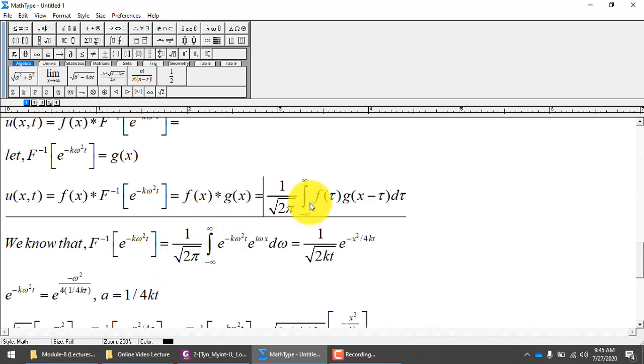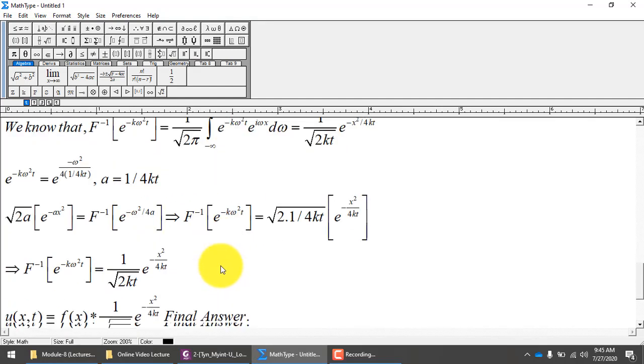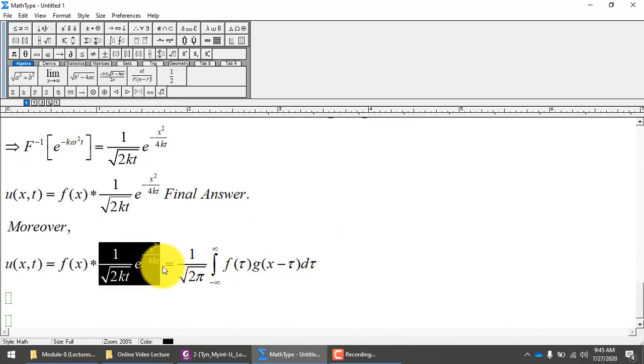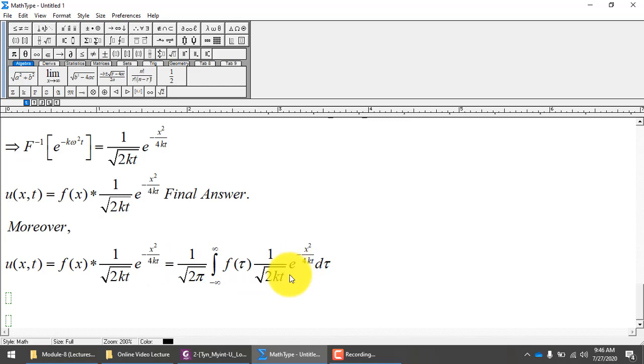So the definition of convolution says this: 1 over square root 2 pi, f of tau. Instead of g, you know what g is now. This is the g, and you should put that: g of t minus tau. So how can you apply this with x minus tau?